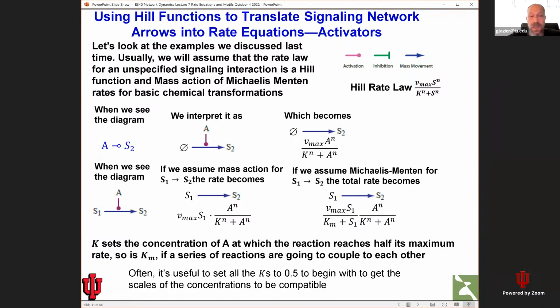Then we basically created a situation where the output of one of our variables can be used as the input for something else because it's all scaled to the same range. We may still have to do a little bit of hand rescaling in certain situations. But in general, if we force everything to be scaled with respect to its K value, it allows us to build circuits that work without having to worry about impedances between them.